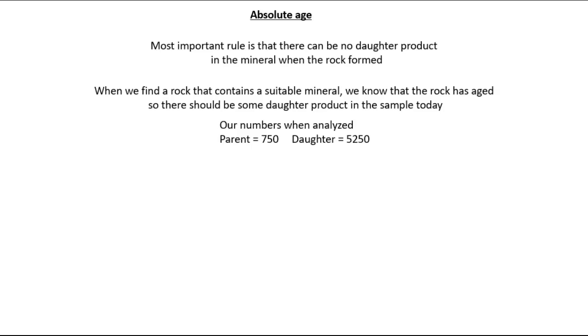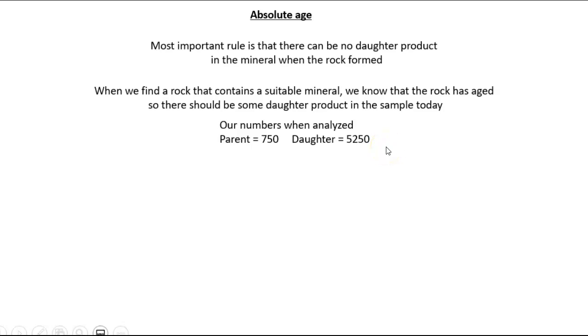These are the number of atoms that we counted from our little machine that could count the different atoms in our sample. It says there are 750 parent atoms, the unstable version, and 5,250 of the stable version, the daughter. Now, this rule up here comes into play.